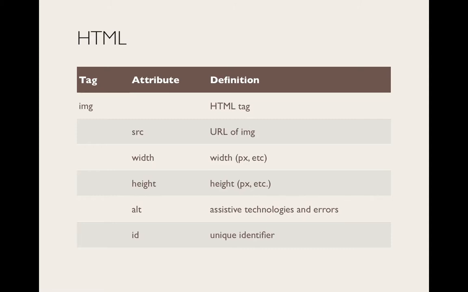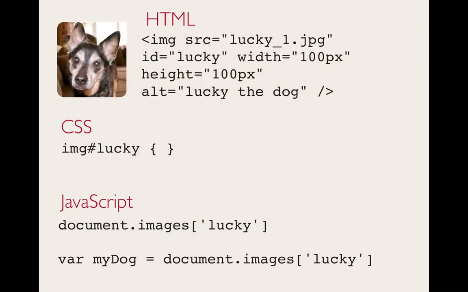As you look at HTML, the image tag, there's lots of different attributes: source, width, height, alt, ID. We're going to use them all. We're going to look at all of them. And if you look at this HTML, we have a source equal to Lucky the dog, an ID of Lucky, width, height, and alt.